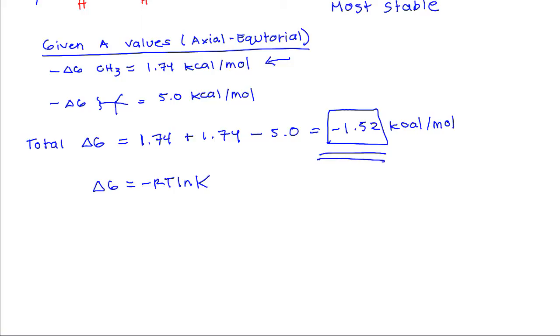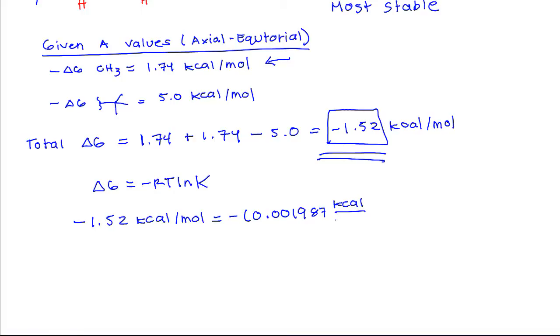So that will be negative 1.52 kilocalories per mole is equal to negative R, right? R is a constant. You'll also always be given that value. You don't have to memorize it. We're going to say this is at room temperature, so 298 Kelvin, natural log of K.